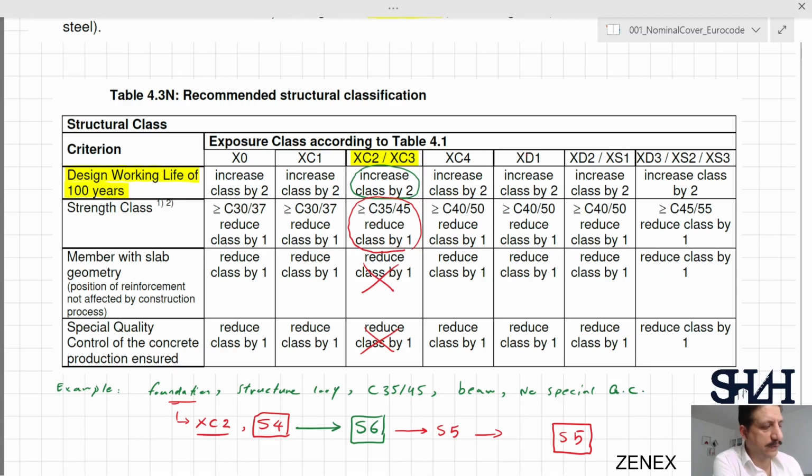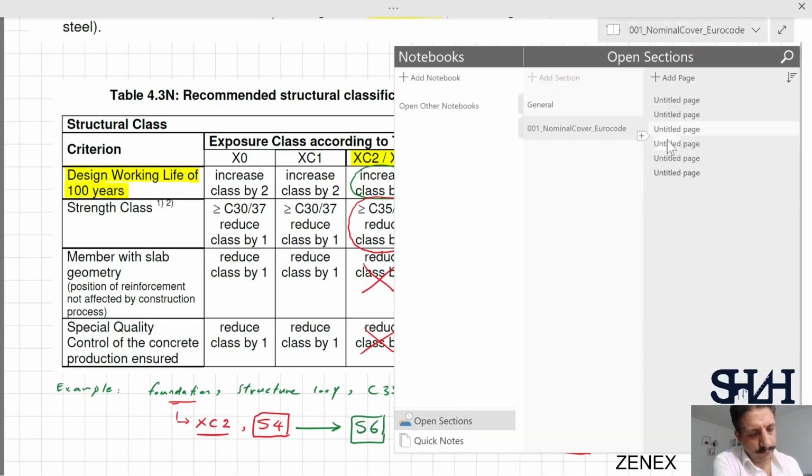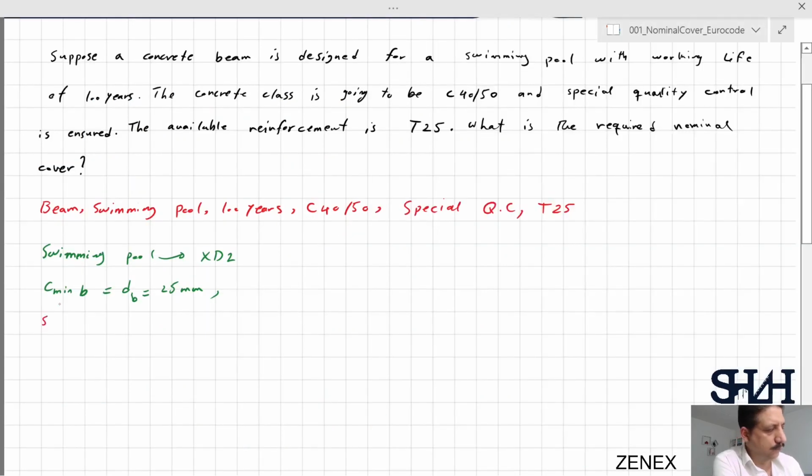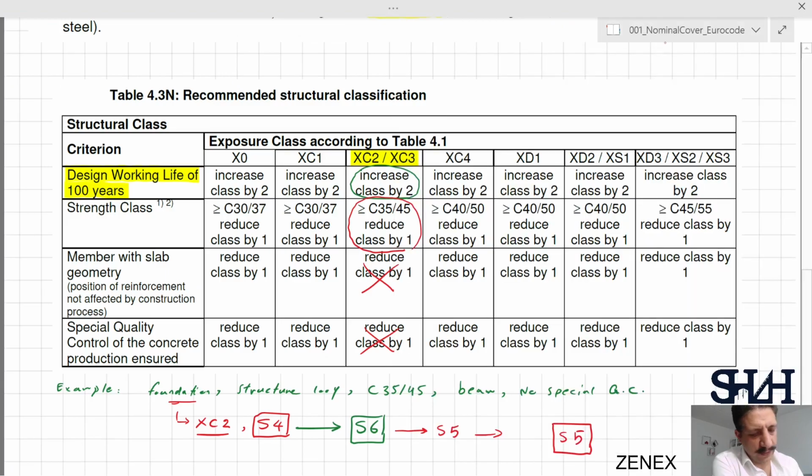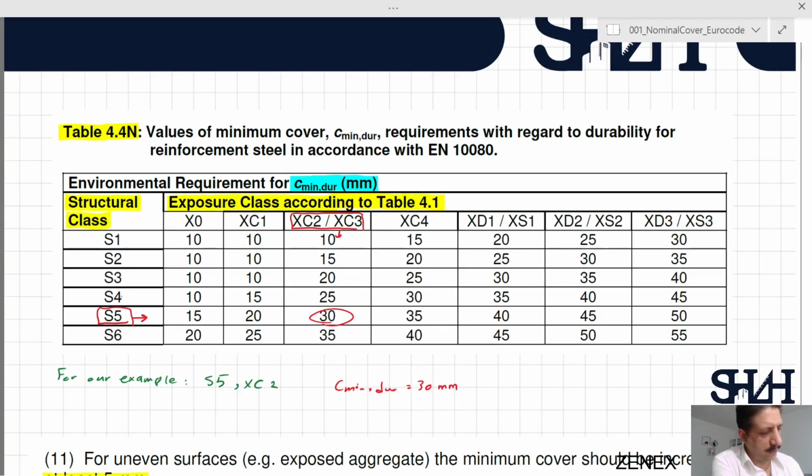Position of reinforcement would be affected by construction process, for example, so we can ignore this part, and a special quality control we can reduce by 1. So S4 plus 2 minus 1 minus 1 is S4. And then from table 4.4N, S4 and XD1, it is 35 millimeter.